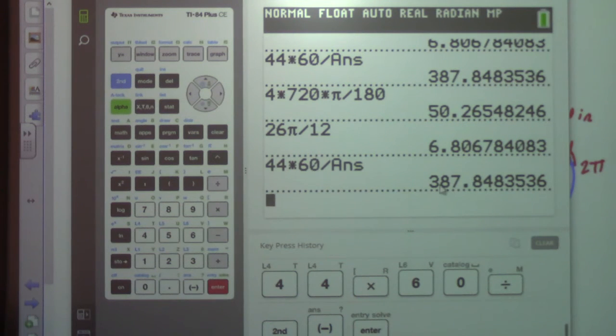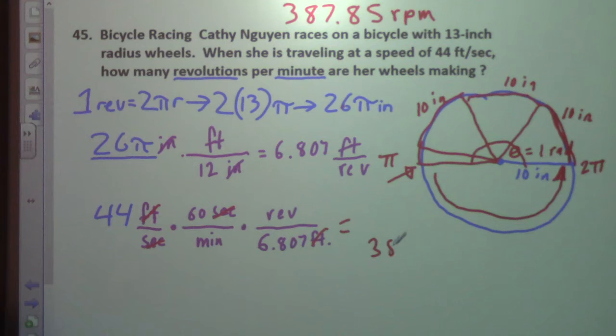So we get 387.848. That's going to be revolutions per minute. Okay? Which is the answer the book gives. Okay, is everybody okay with that? Okay, I hope that helps to go over that way, because to me this is the most challenging problem in the set because of how many unit conversions there are to do.